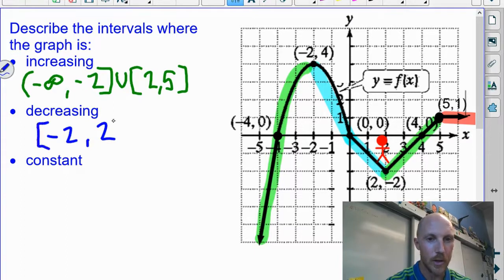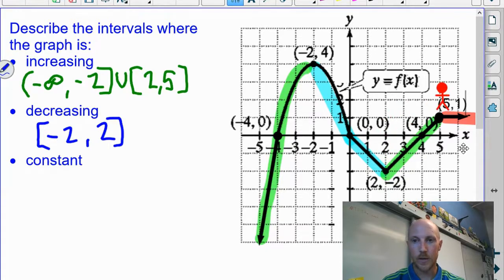So we're going to include them using square brackets. Lastly, let's look at the constant interval. So we've got this little section over here at the right end of the graph where the graph walker would be at a constant elevation, starting at that x coordinate of 5, and then continuing off the edge of the graph forever. So change colors to red.